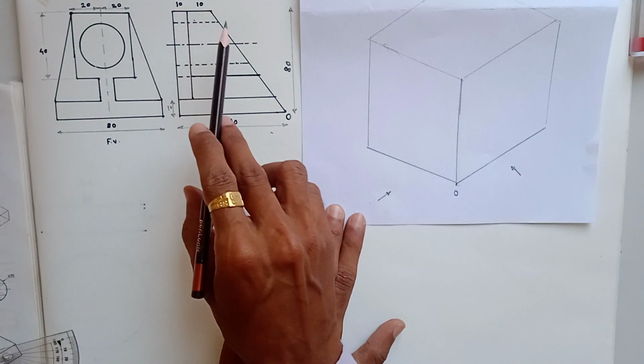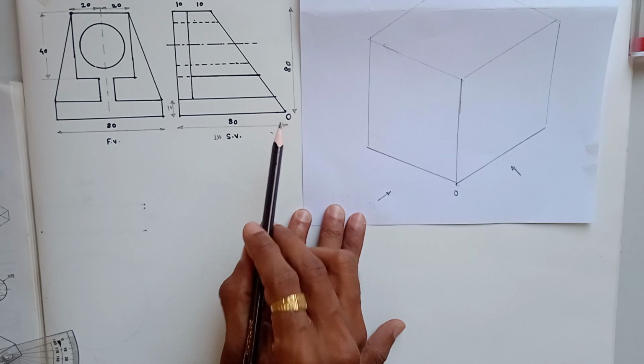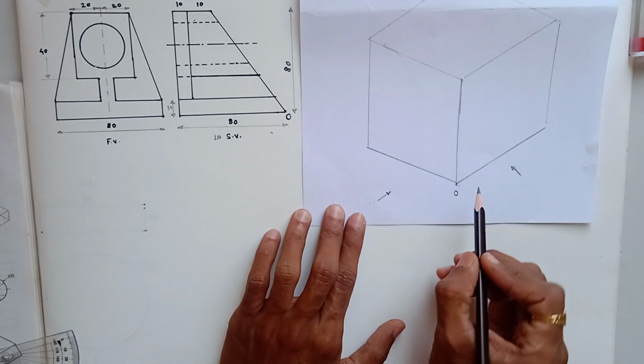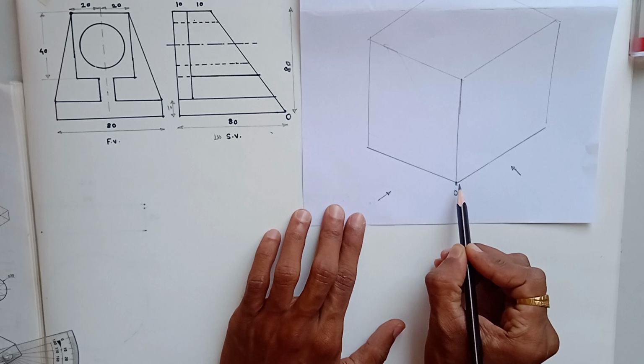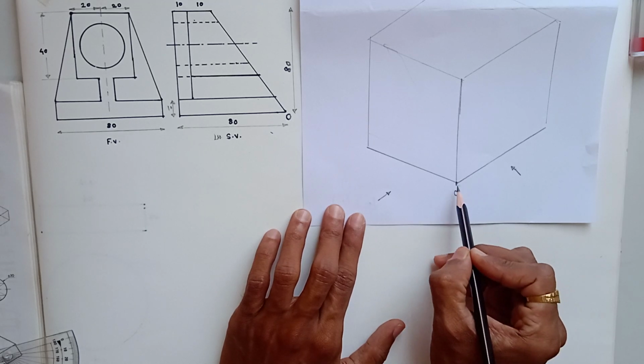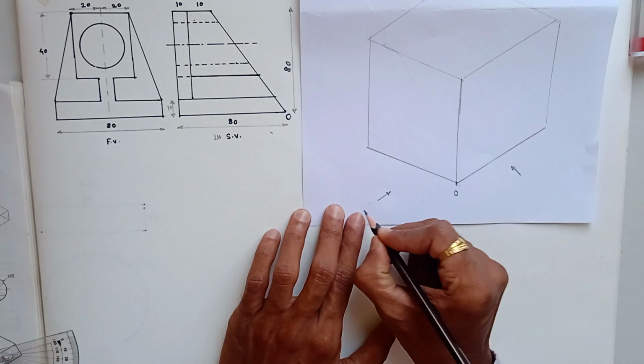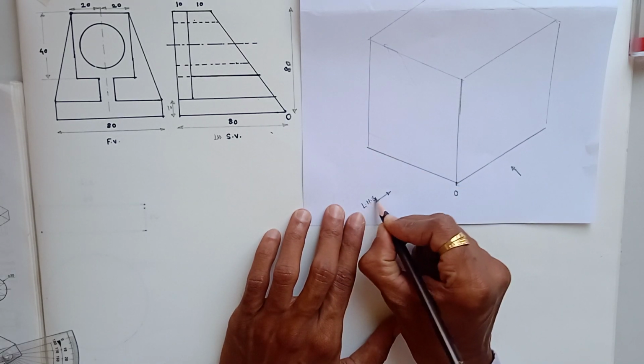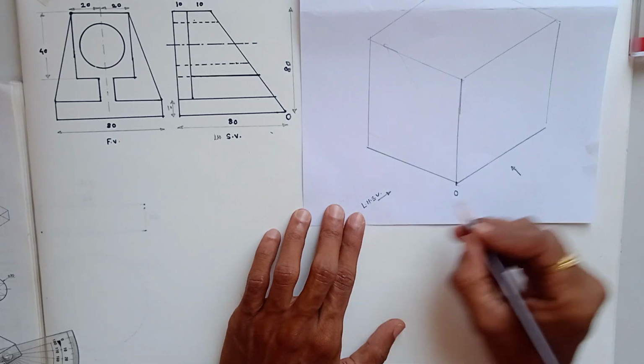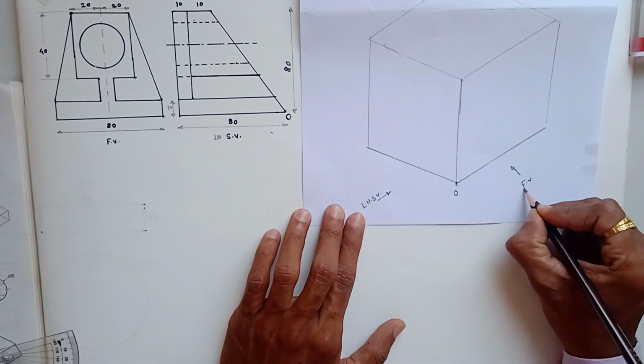Here, for the side view, the origin is given. So we need to place this corner exactly at the origin, and then we will start the view. If this is the origin, we have to start the drawing like this for the side view. This must be the left hand side view, and this is the observer for the front view.